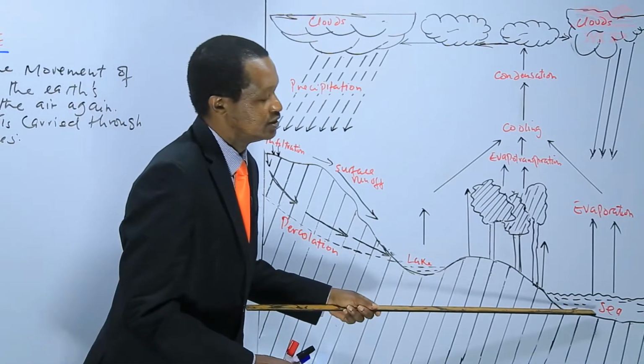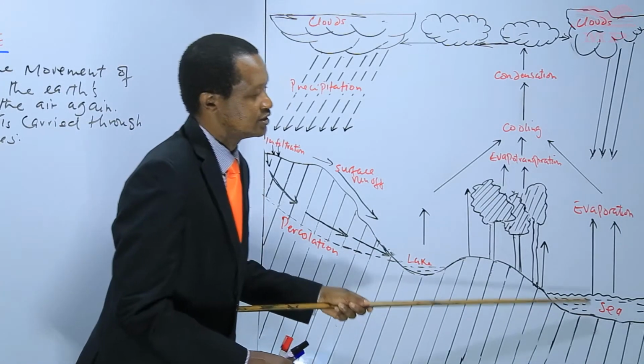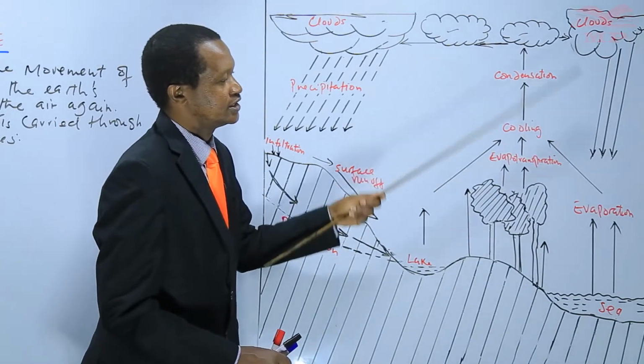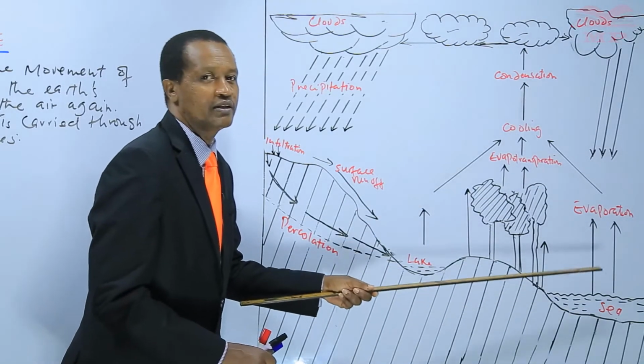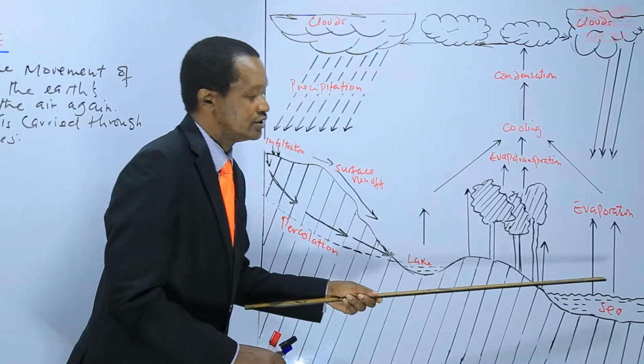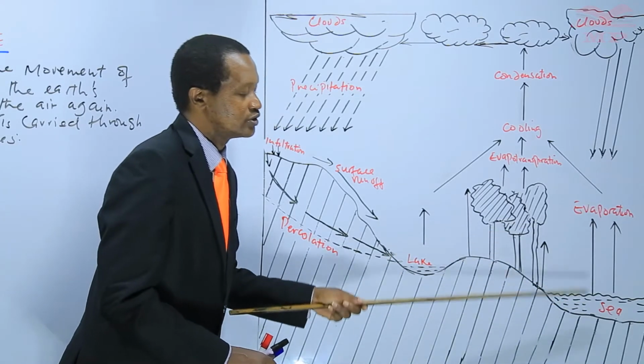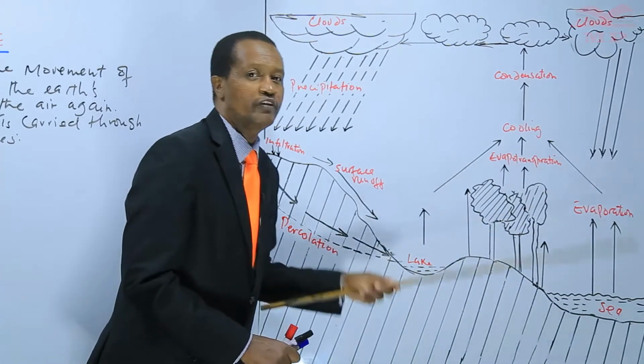Because these are open water surfaces, the sun directly hits them, then this liquid water is changed into vapor.